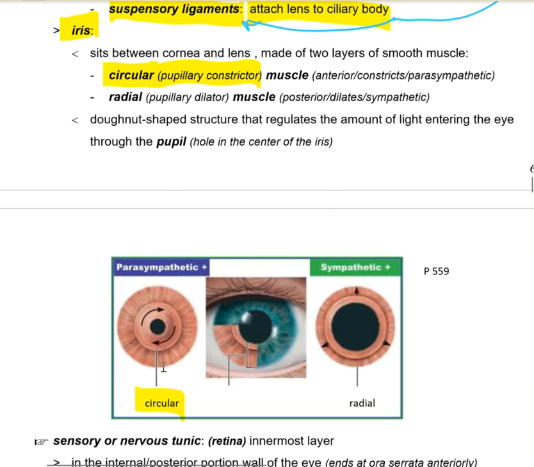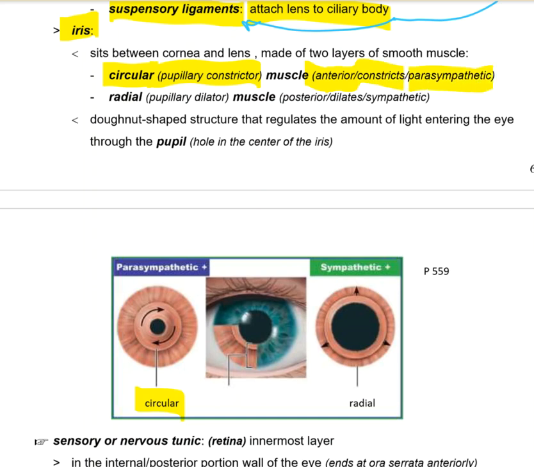So this dark part here is just the hole. As you can see, when the circular muscle contracts, the hole gets small. And when the radial muscle contracts, that hole gets much bigger. And so our pupil either constricts or dilates. So the circular muscle is a constrictor, and it's on the anterior part. It constricts, and it is parasympathetically innervated.